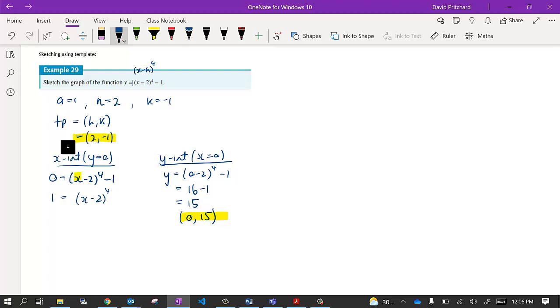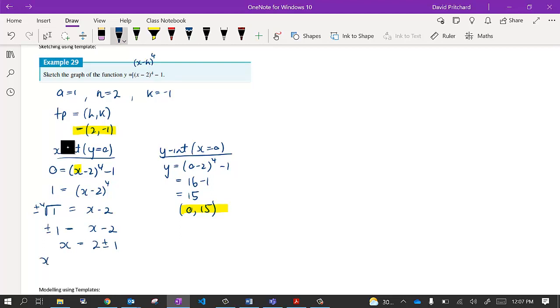We can take the quartic root. When we take an even root, it's always going to be plus or minus. So the quartic root of 1, plus or minus, is equal to x − 2. The only answer to that is 1, obviously. So we end up with plus or minus 1 is equal to x − 2, and we can isolate x, so we get 2 plus or minus 1.